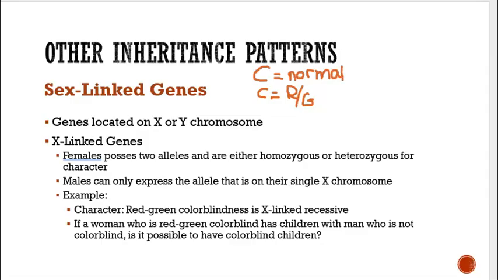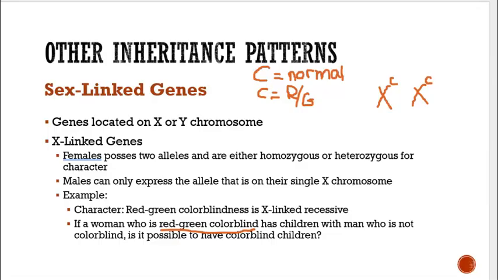Okay. So it says if a woman who is red-green colorblind, so it's a woman, we're going to write out the two X chromosomes to show that it is a female. Since red-green colorblindness is controlled by a recessive allele, in order for her to be colorblind, she needs two lowercase c letters.